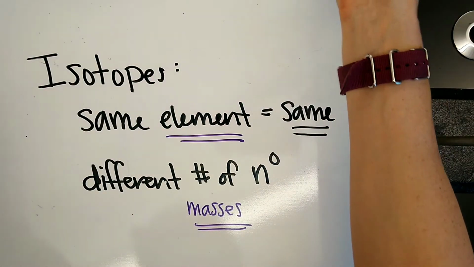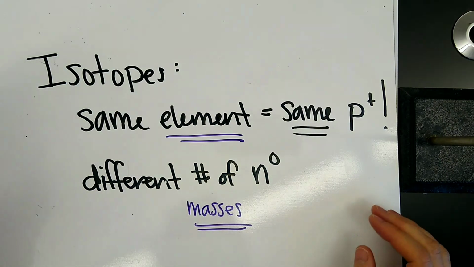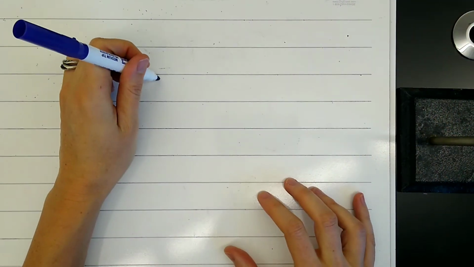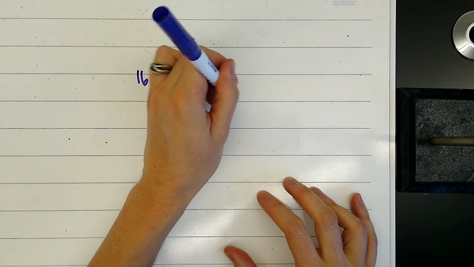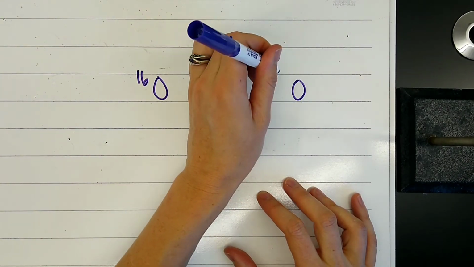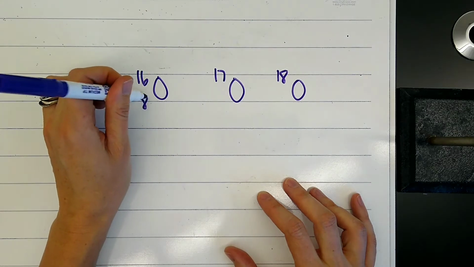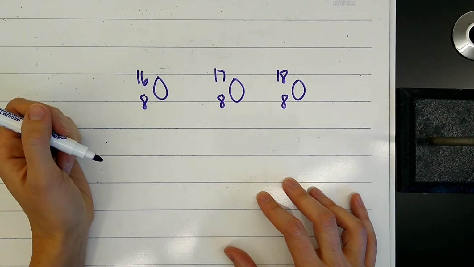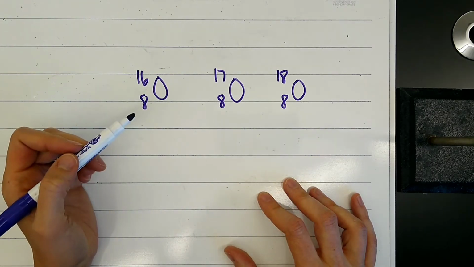So we'll look at these oxygen isotopes here. Oxygen 16, oxygen 17, oxygen 18, all of them have the same atomic number or they would not be oxygen. So this is your three shorthand notations.